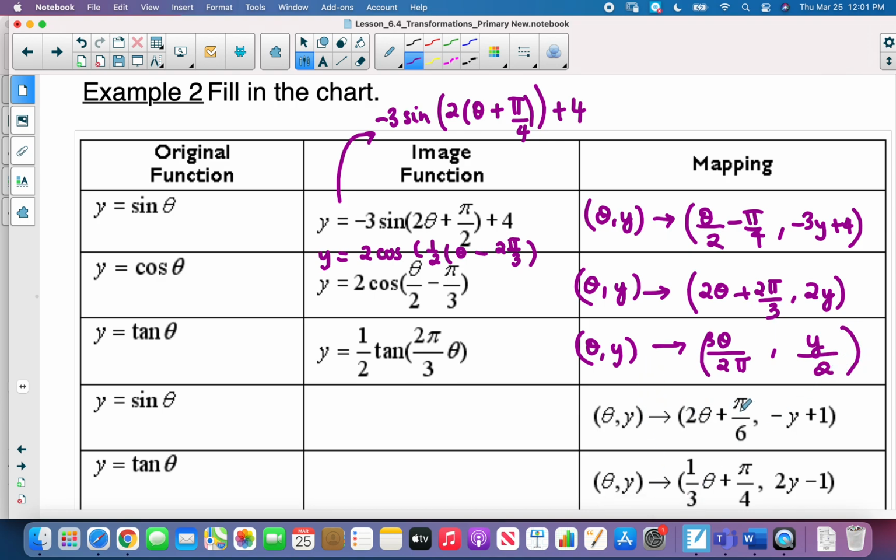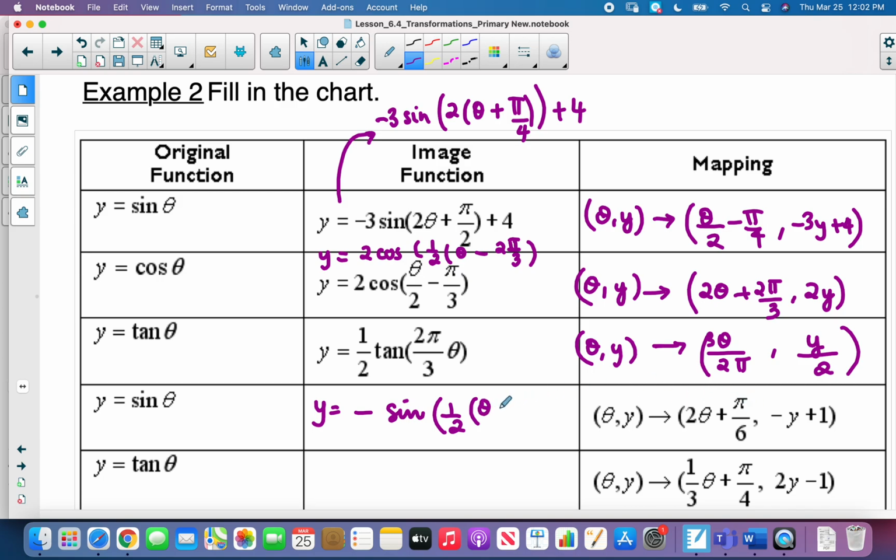These ones, they're giving me the mapping and they want the image function. So this would be y equals negative, and it's sine theta, so sine. My k value is the reciprocal of that, so it will be 1/2 brackets theta.